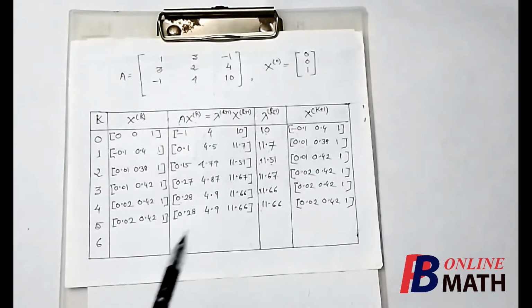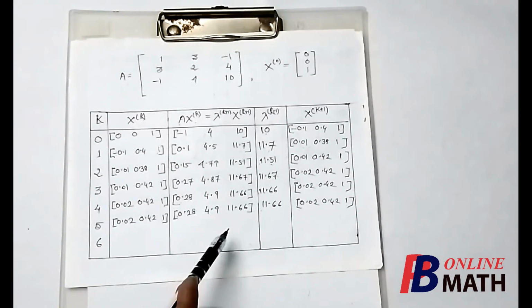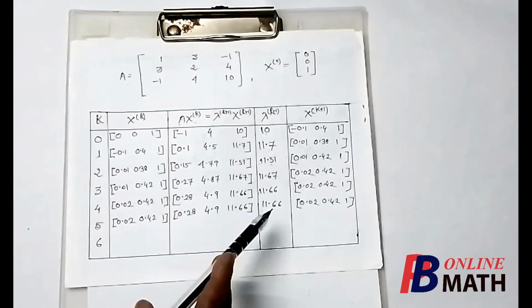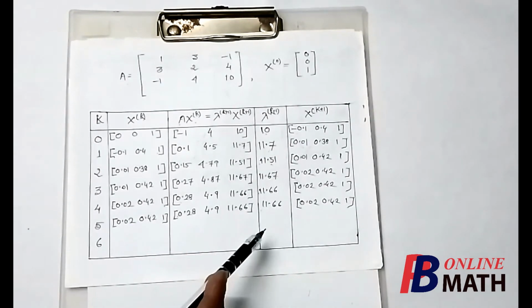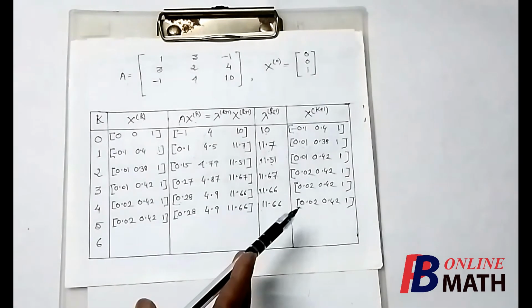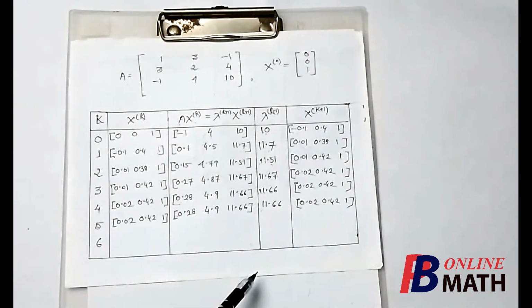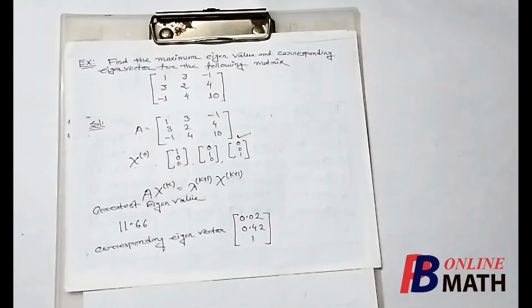So now we can write that the maximum eigenvalue or the greatest eigenvalue which is correct up to 2 decimal places is 11.66 and the corresponding eigenvector is 0.02, 0.42, 1, which is correct up to 2 decimal places.